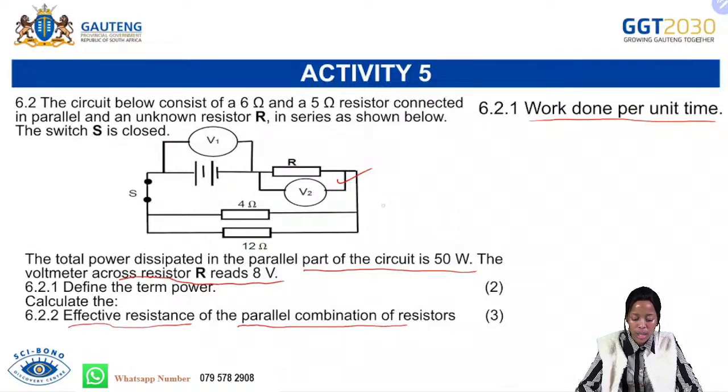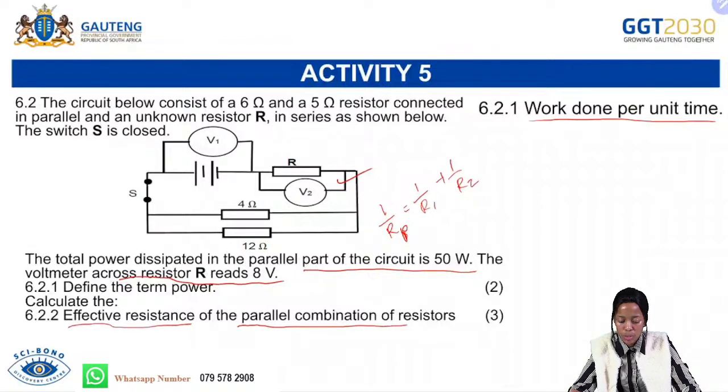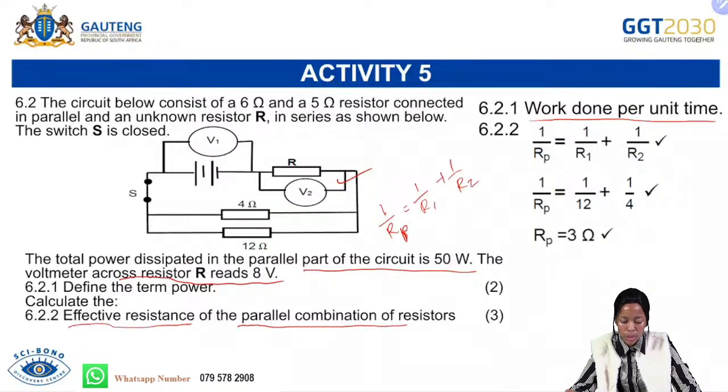Then what formula are you going to use? Because it's parallel, you can have 1 over Rp or 1 over Rt is equal to 1 over R1 plus 1 over R2 there. So from there, you can then substitute according to the resistors that you have there.